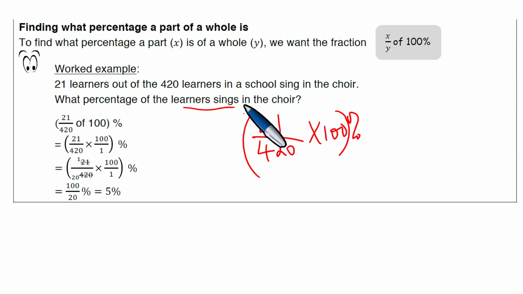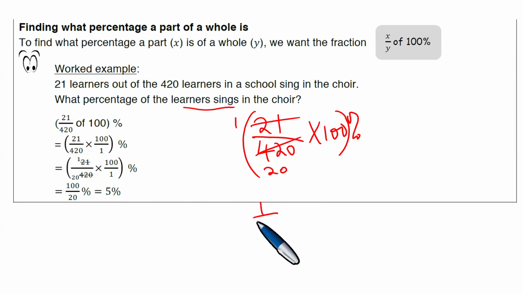So what exactly is the answer? You can see this guy is saying, take a look at the fact that 21 is able to go into 420. It goes 20 times, but it goes once into itself.